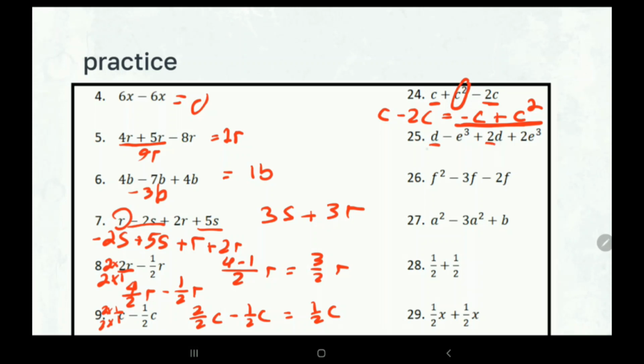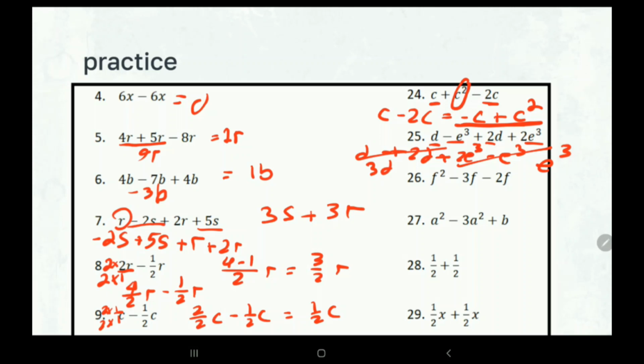Just combine the d's, d plus 2d, and then combine the e's, so plus 2e cubed minus e cubed. d plus 2d will be 3d, and then 2e cubed minus e cubed will be e cubed.